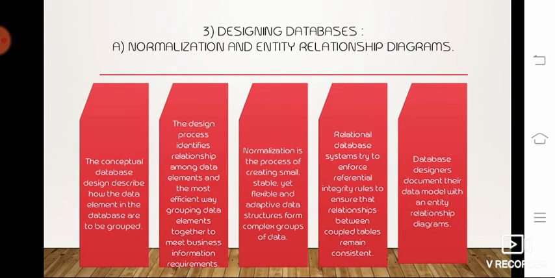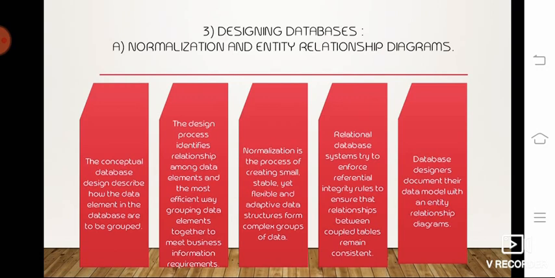In point 3, part A: normalization and entity-relationship diagrams. First, the conceptual database design describes how the data elements in the database are to be grouped. Second, the design process identifies relationships among data elements and the most efficient way of grouping data elements together to meet business information requirements.